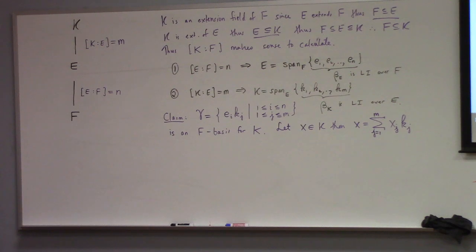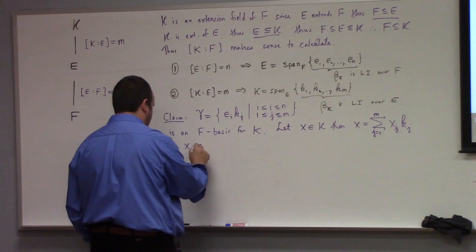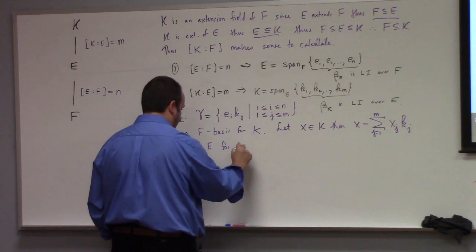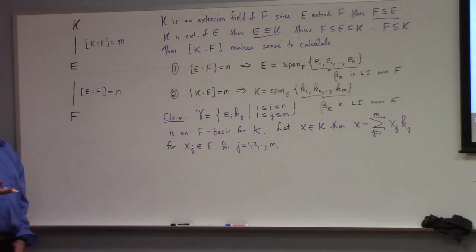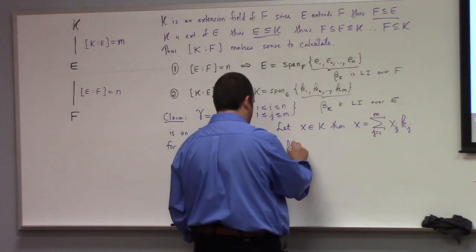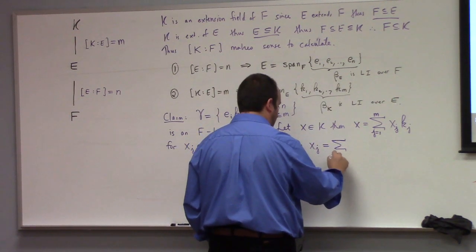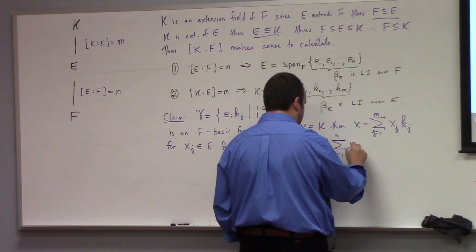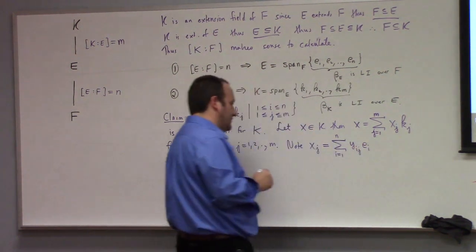And what are my x's? They're elements of E, right? But then what can we do with the x's? x_j is an element of E, therefore what? It can be written as a sum, i equals 1 to n, of, let's say, y_ij e_i. Why can I do that?